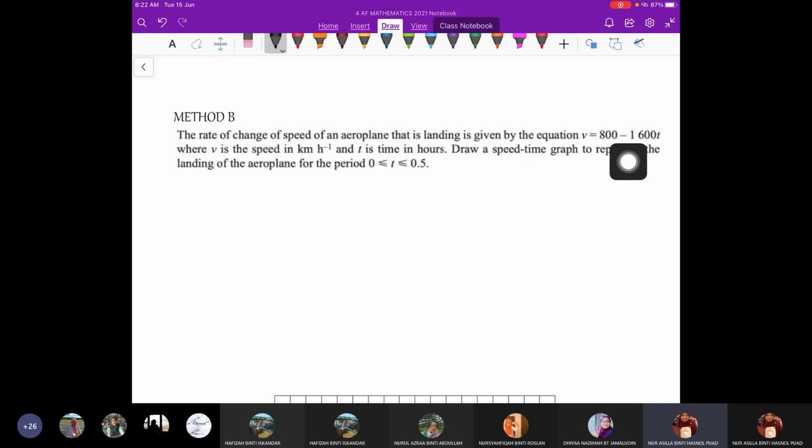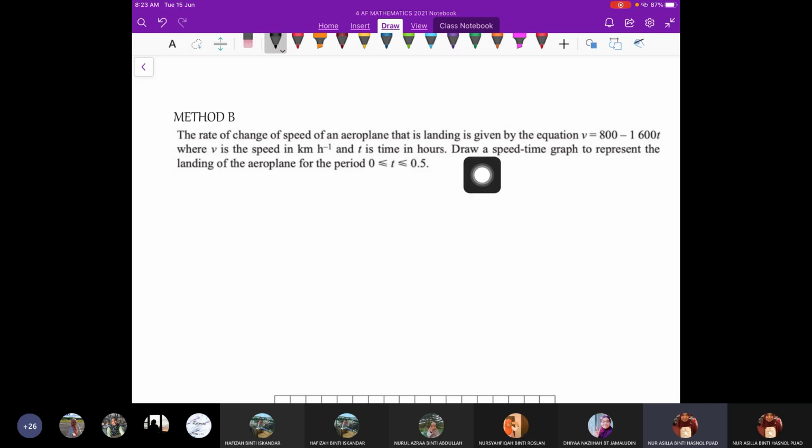See, given to you an equation where V is the speed in kilometer per hour and T is time in hours. So draw a speed time graph to represent the landing of the aeroplane for the period time 0 until 0.5. Okay, so it must be in the range time 0 until 0.5.